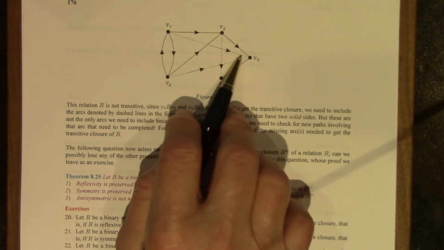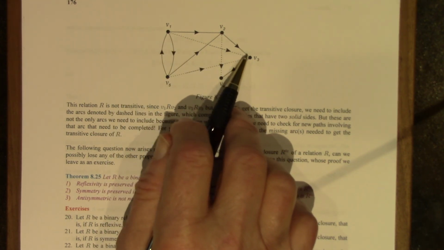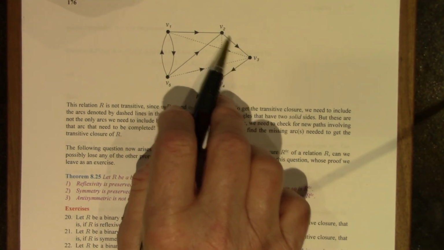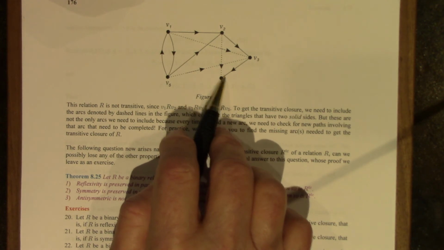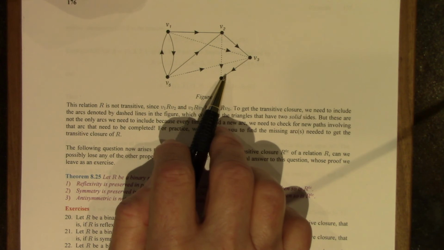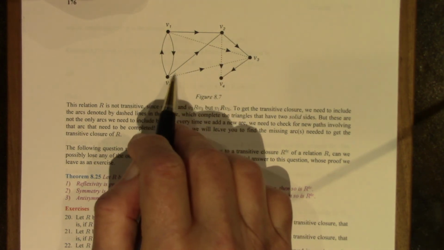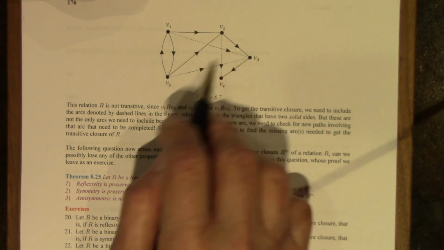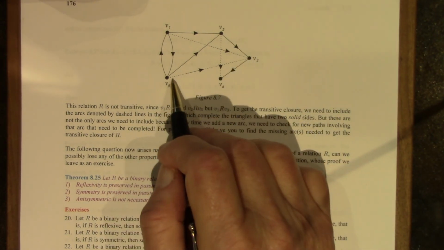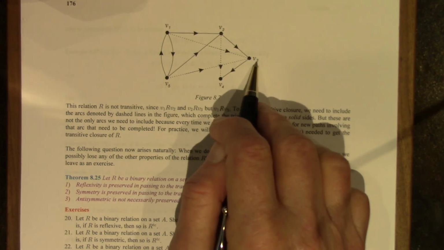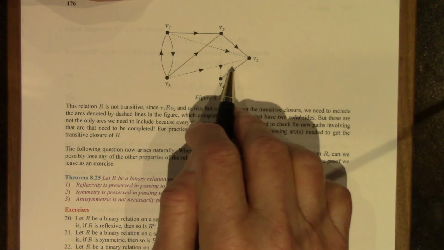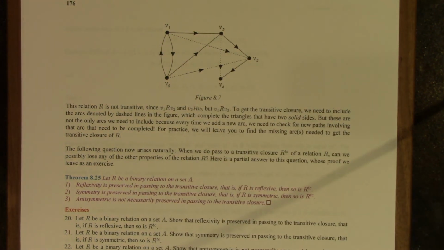This is going to have to be added if we want the transitive closure. Similarly, V2 to V3 to V4 requires we add V2 to V4. And V5, V2, V3 requires we add this arc. So I've added 3 arcs as a starting point.